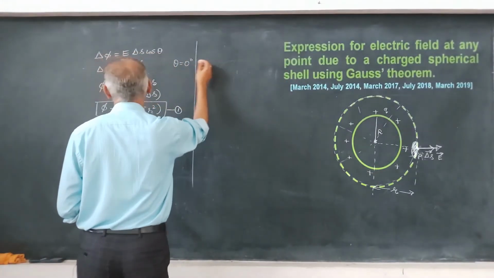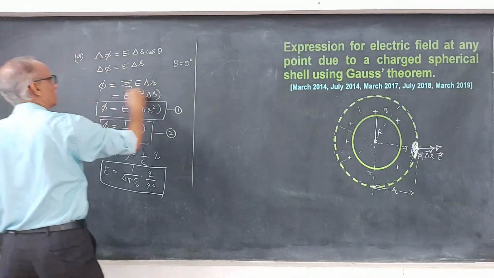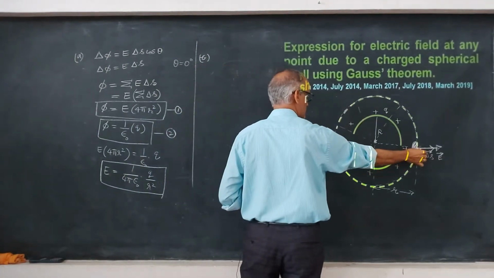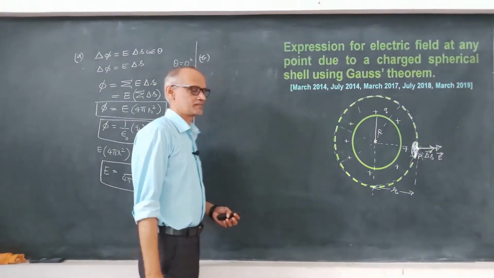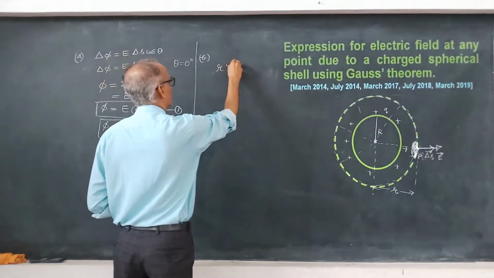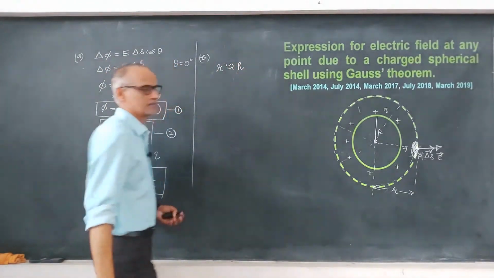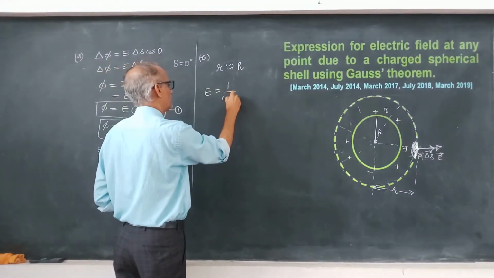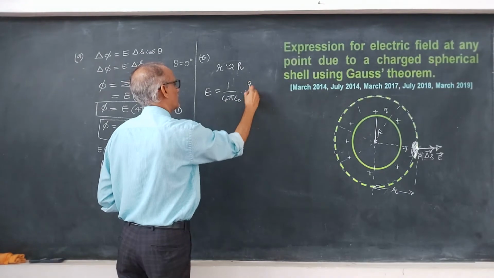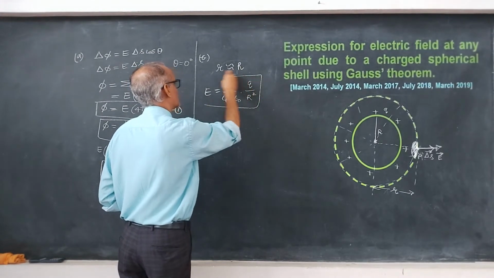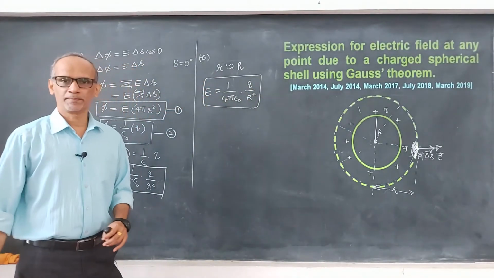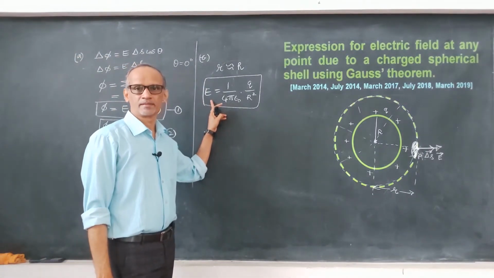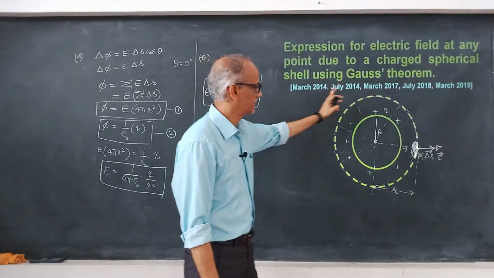So, this was case number 1, and now in the second case, when the point P is very close to the surface, then the value of r is approximately equal to capital R. So, that is why we get the expression for electric field E is equal to 1 by 4 pi epsilon naught Q by capital R square. So, this is the formula for electric field at a point close to the surface of a charged spherical shell.